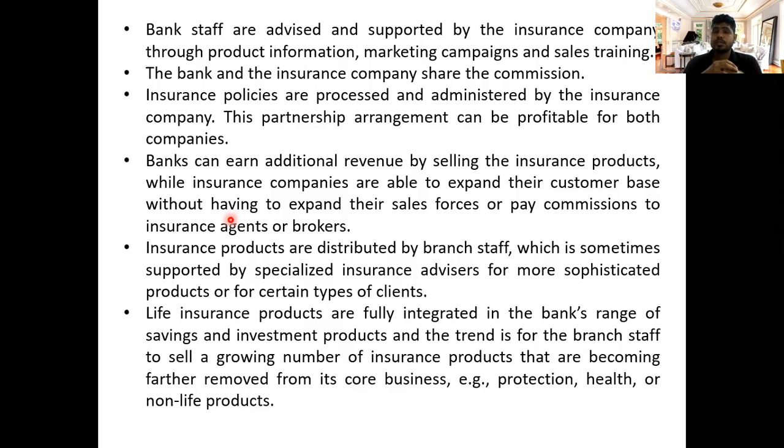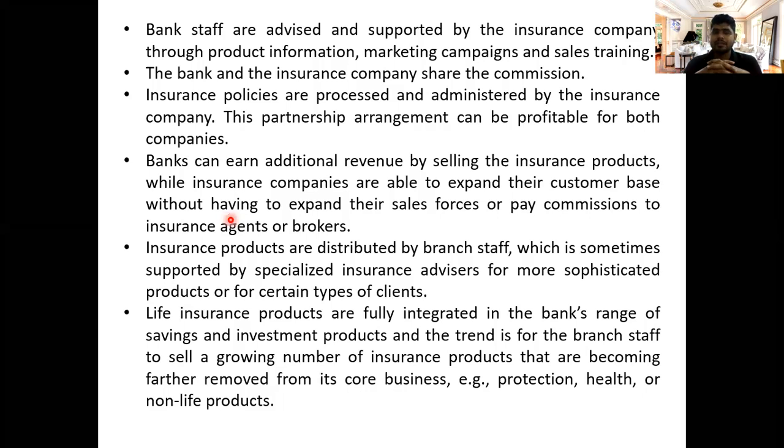In some situations the banks will propose or promote specific insurance policies. At that time they can call for an insurance expert from the insurance company. When bankers promote the insurance product, they don't have much information about tailor-made, customized insurance policies.